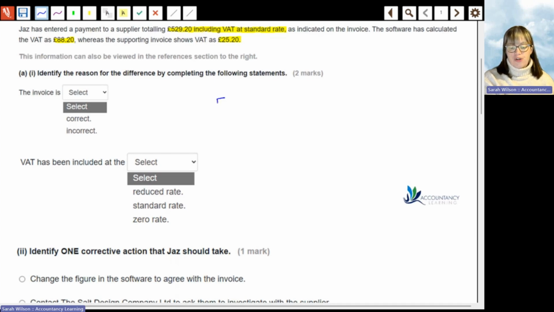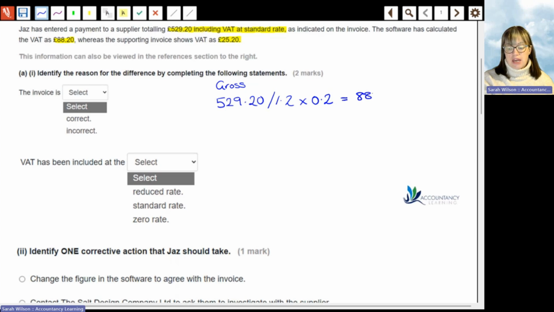So the 529.20, that's our gross amount because it includes VAT. And it's at a standard rate. So what we can do is find out what our net value is by dividing it by 1.2. You can also divide by 120 if that's your preferred method. And then you can multiply it by 0.2, which will get our VAT rate.